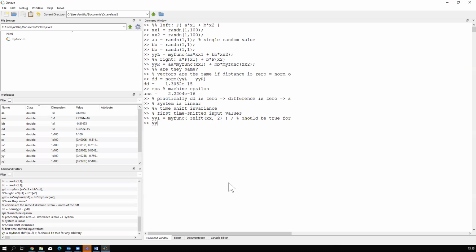Okay, and then next I will calculate the output is shifted. So we shift my func XX by 2. The same shift, but for output.